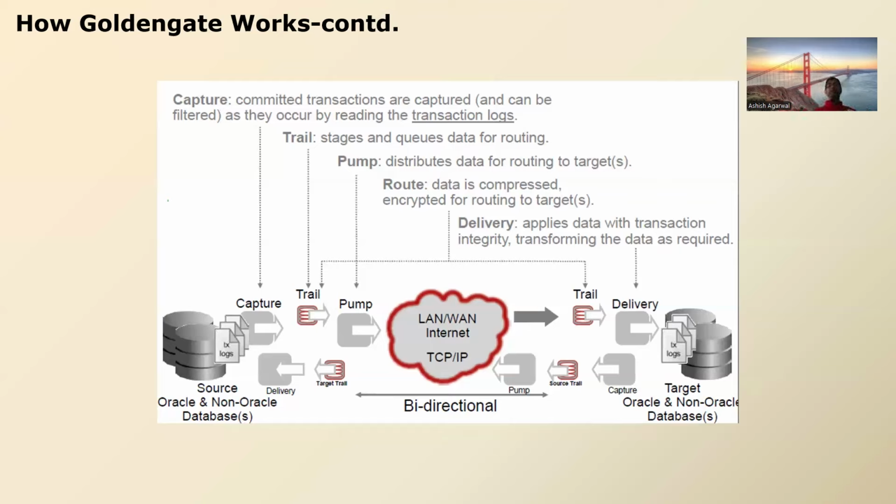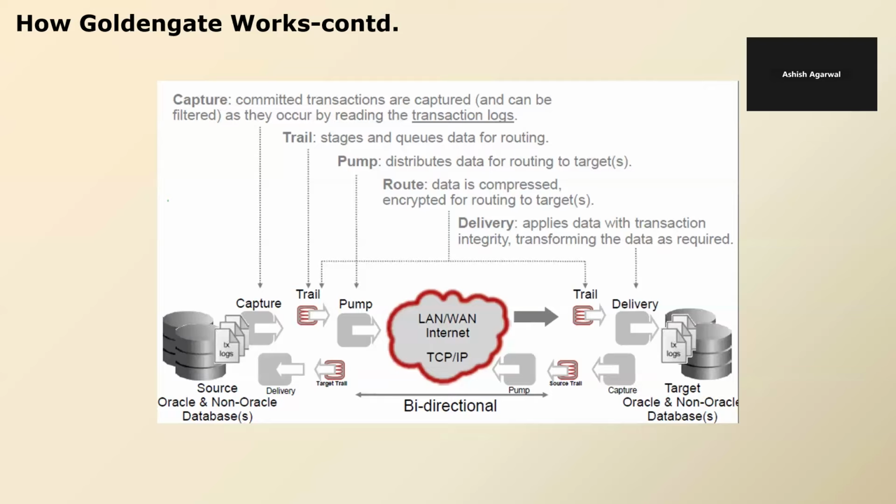Now, one point you have to keep in mind here is that each process you see in the architecture has a source to read from and a target to write to. So what is the source of the extract process? The source of the extract process is the transaction logs of the database, right?